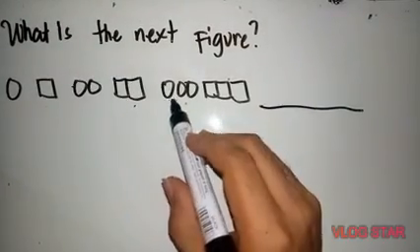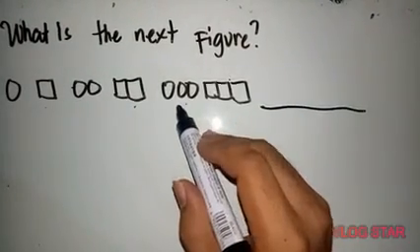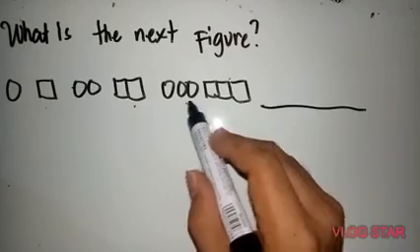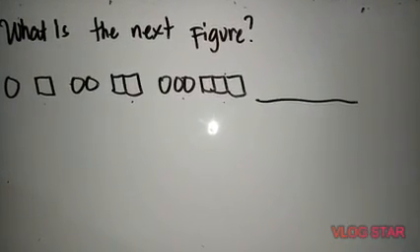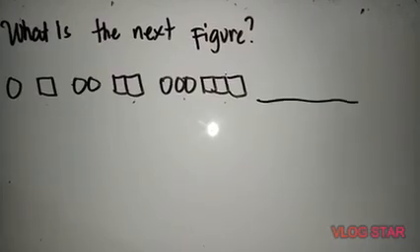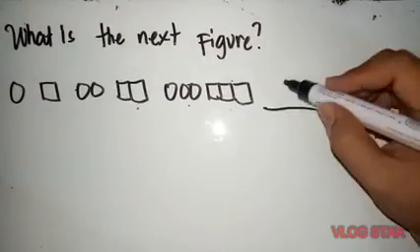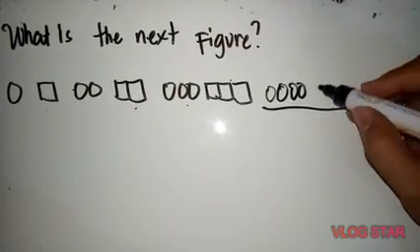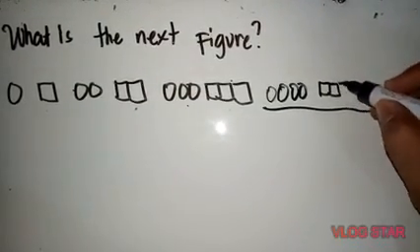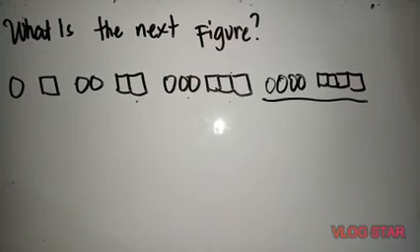So if our last figure is three circles, three squares, then the next figure following the pattern would be 4 circles, then 4 squares.